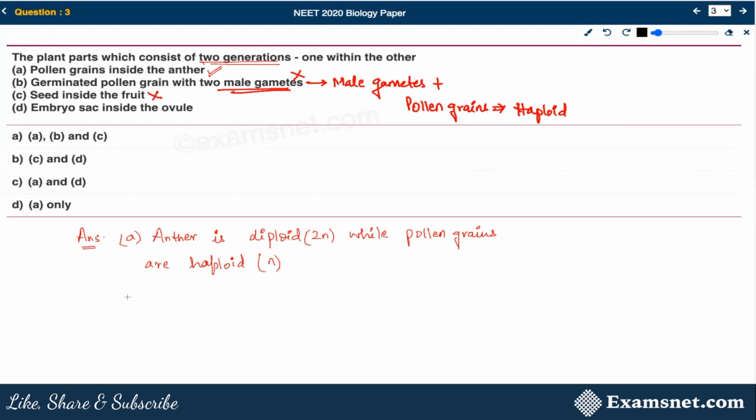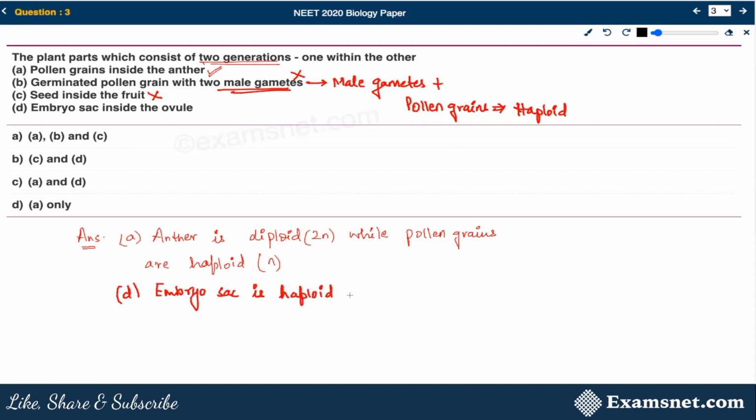Now, the last statement left is the D option, embryo sac inside the ovule. Embryo sac is also considered to be the female gametophyte, so embryo sac is haploid.